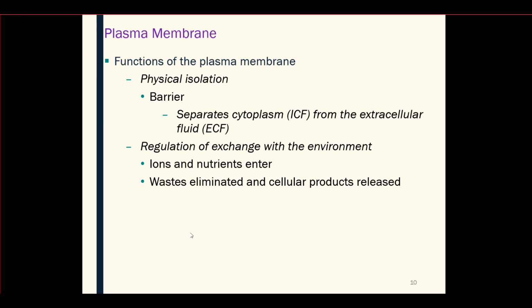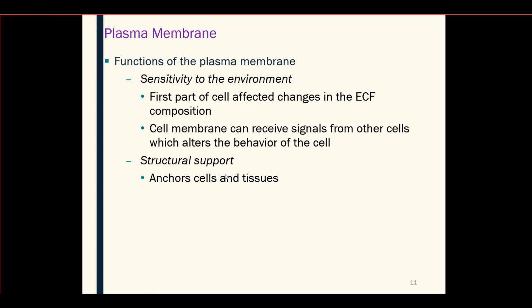We don't want to keep these waste products inside the cell. We want to get rid of them. So an example of that would be CO2, carbon dioxide. Okay, so this is an important slide. It's a physical barrier, but even though it's a barrier, it does allow some things to come in and other things to leave.